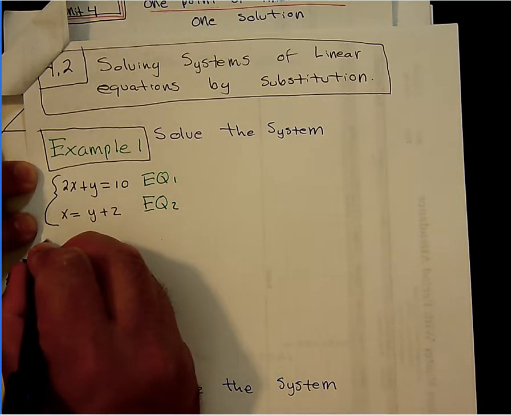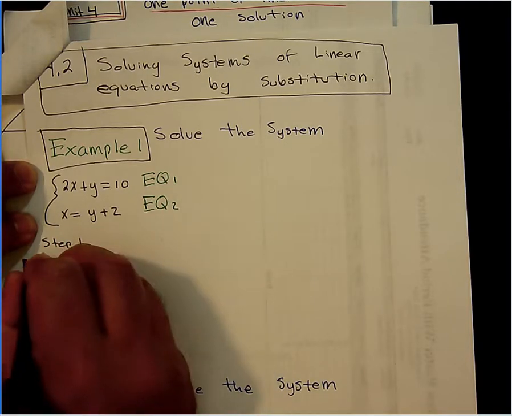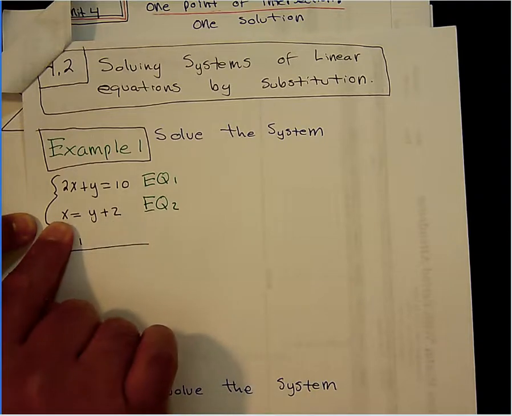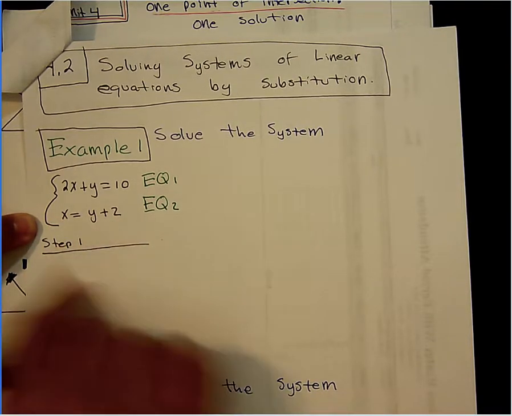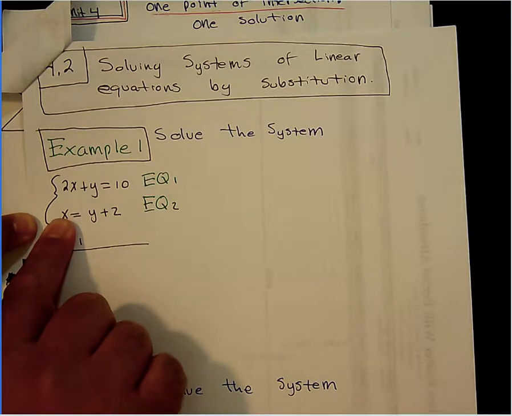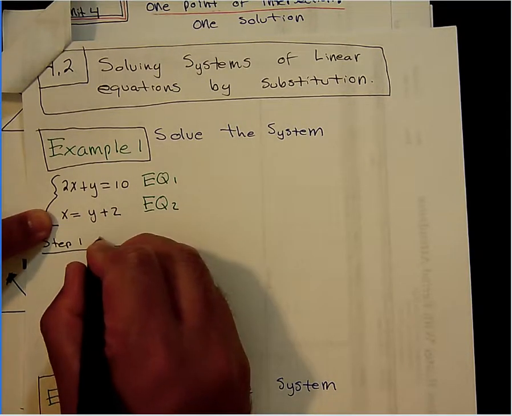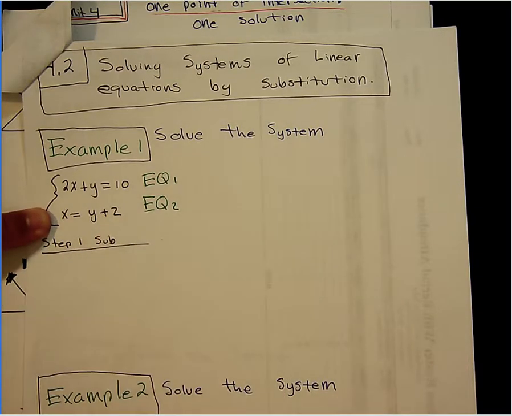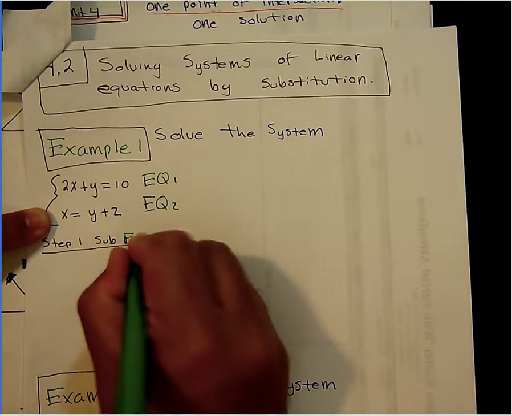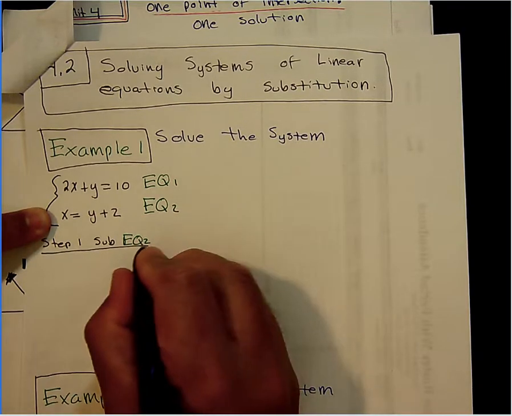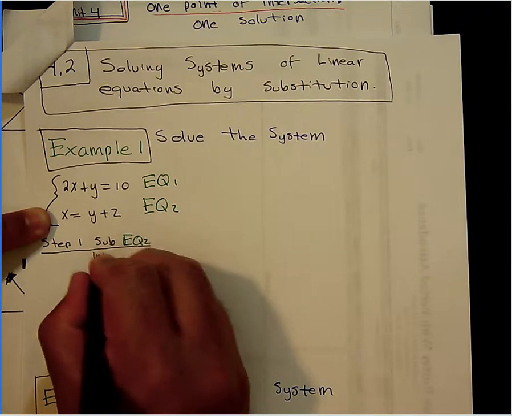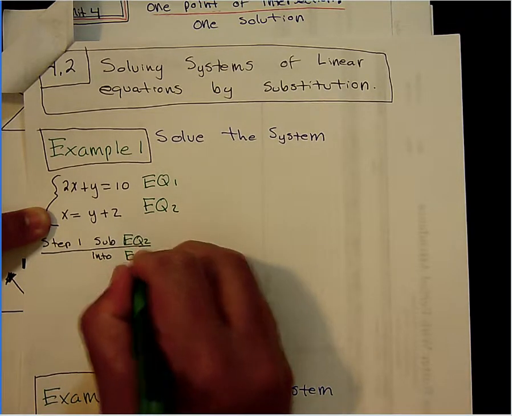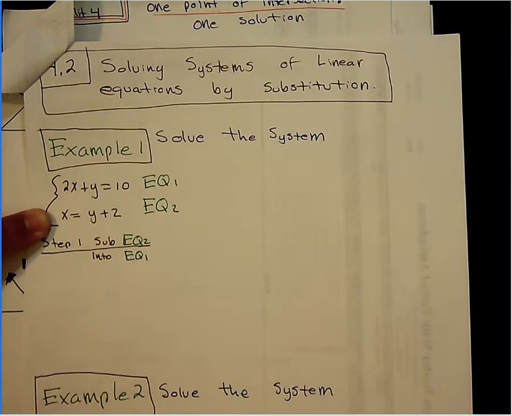Step 1: in this case, if you notice, equation 2 is already solved for x. So when you already have that, all you have to do is substitute equation 2 into equation 1. So we're substituting this into that.